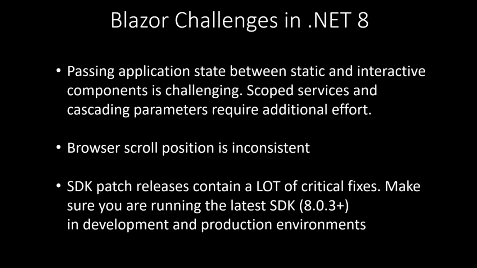Because they operate in a different sort of process model, the application state doesn't just pass automatically between them. As a software developer, you need to manually develop techniques to pass the state yourself between different components. And there's not a lot of great examples of how to do this, unfortunately. I've had to tackle it as part of a larger application that I've been developing.